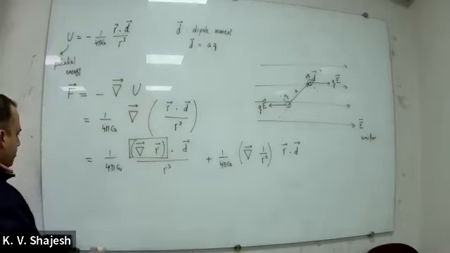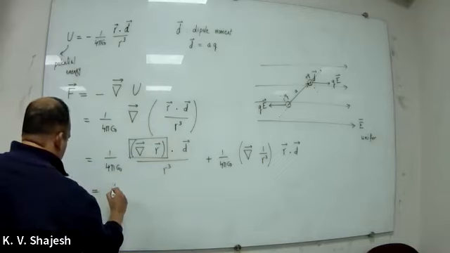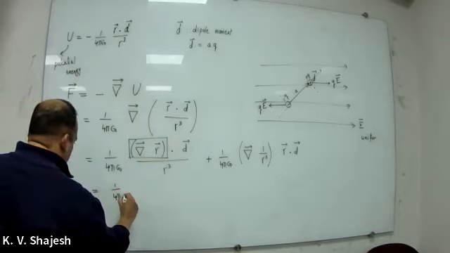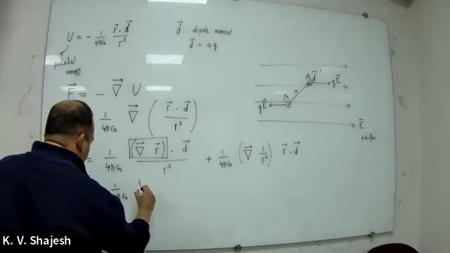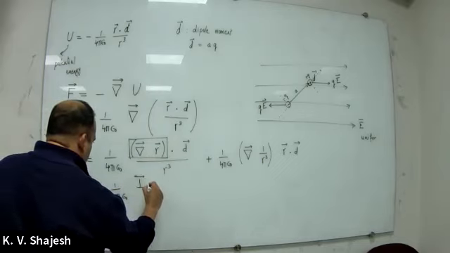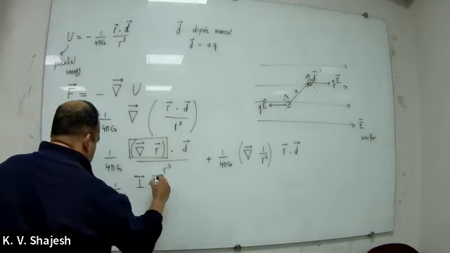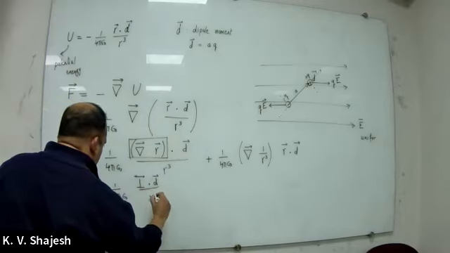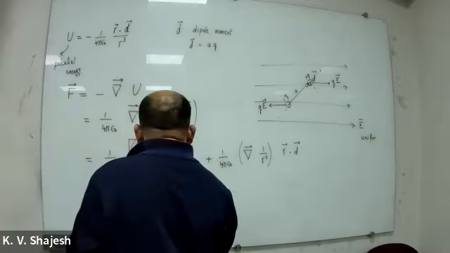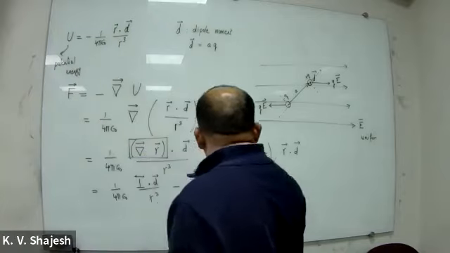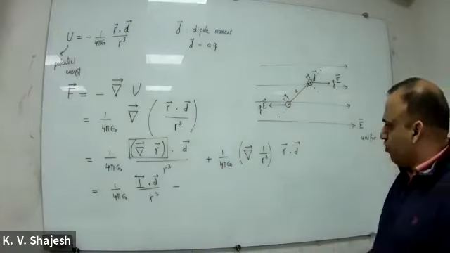And the unit dyadic dotted with a vector gives me the vector itself, right? That's the feature. So that's equal to 1 over 4 pi epsilon naught. Let me do this in 2 steps. 1 dotted with D over R cubed. And here, this is minus, right? So this is minus 3 over R raised to 4.